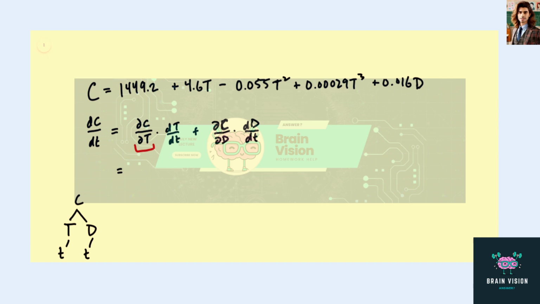So if we're considering t to be the variable, this is just a constant, so we get 4.6 minus 2 times 0.055 t plus 3 times 0.00029 t squared.